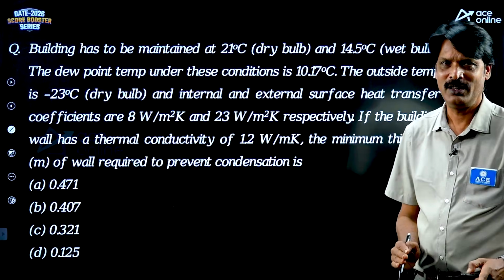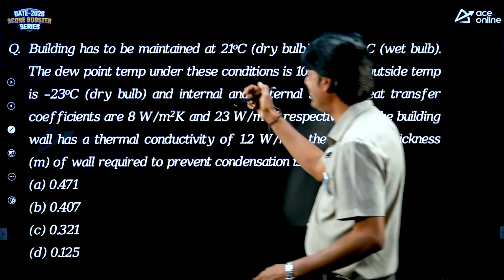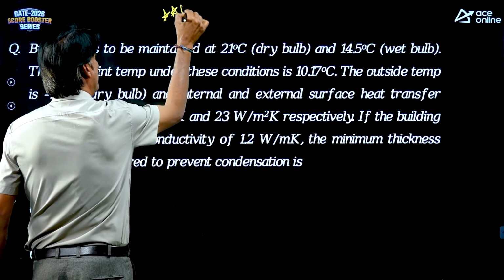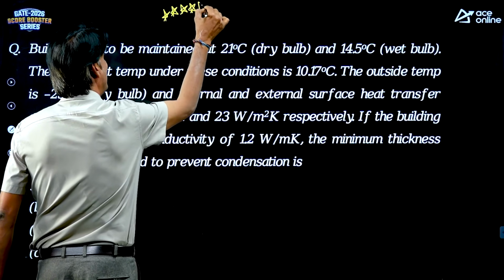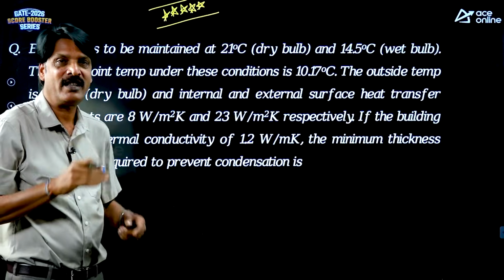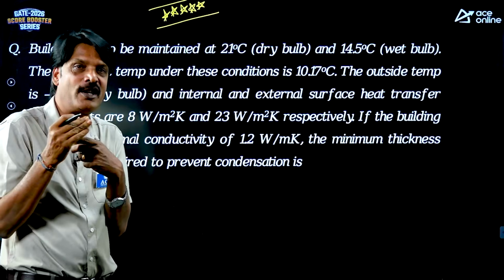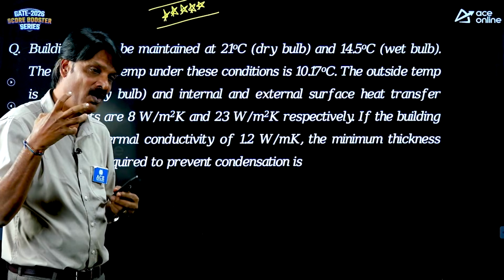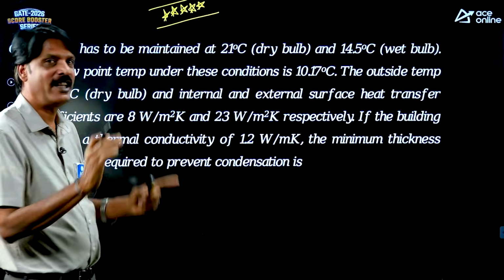This question, I will say, is over and above 5-star. One wonderful question that has been asked till now. If you observe it, this is a question where heat transfer and refrigeration or air conditioning concepts, psychrometric concepts, are being combined. Let us read the question carefully.